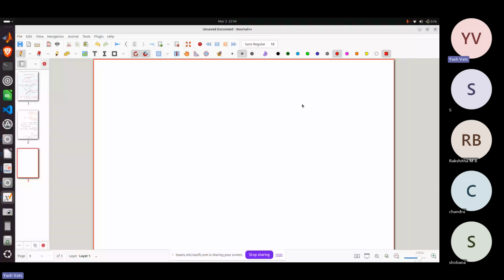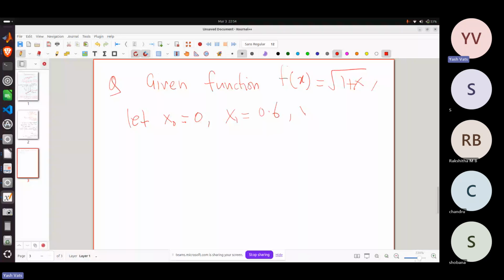So the question is, given the function f(x) equal to the square root of 1 plus x, let x naught be 0, x1 be 0.6, and x2 be 0.9.